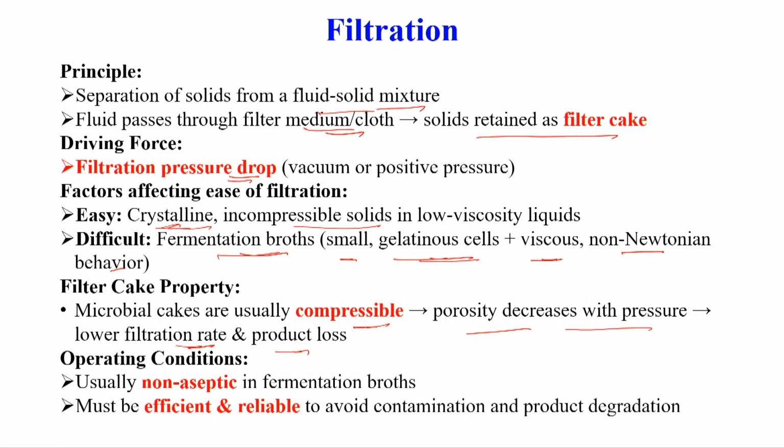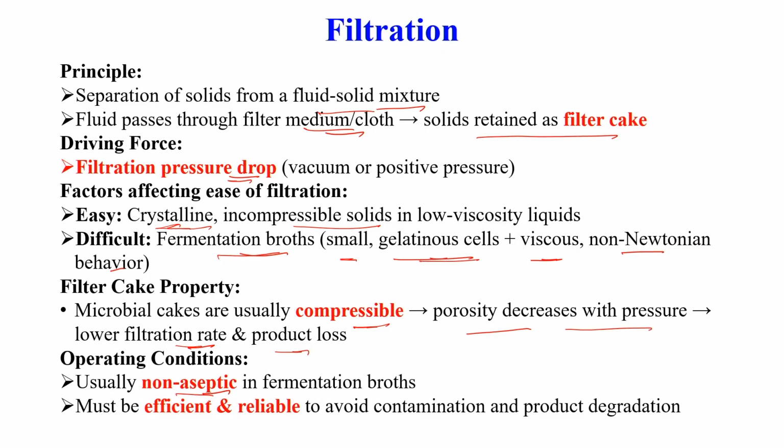So, the cake needs to be frequently removed. Operating condition: it is usually operated aseptically for fermentation broth, and must be efficient and reliable to avoid any contamination and product degradation, because once you are separating the solid, your product may be in the supernatant. So, there should be no risk of contaminating your product.